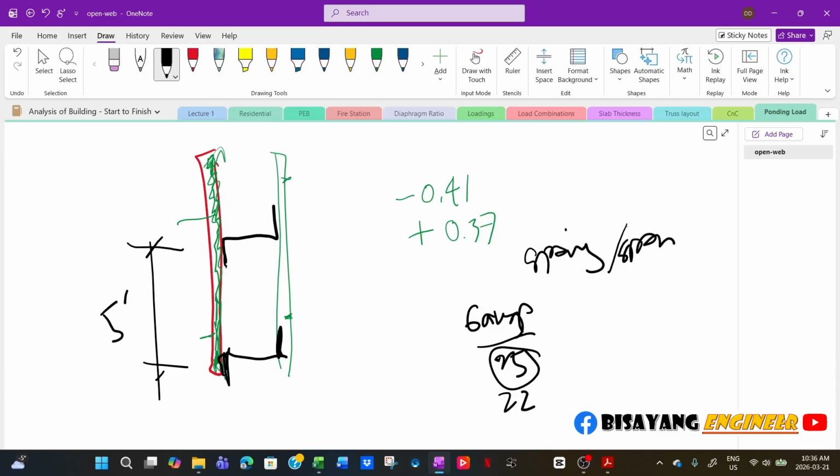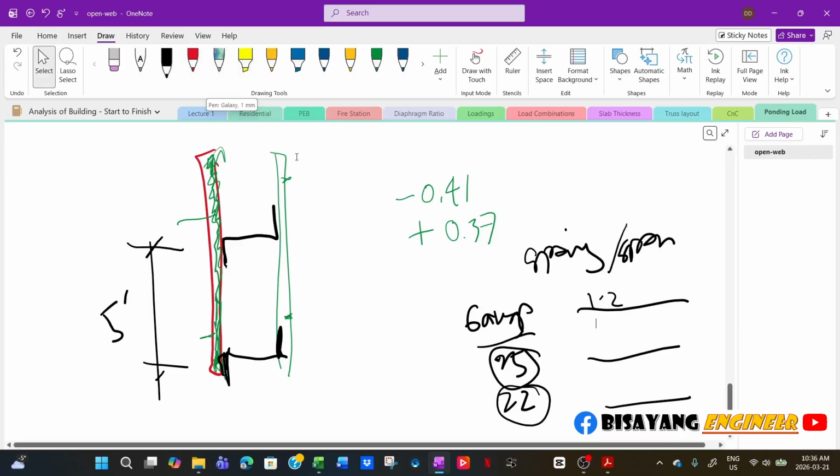If the wind load is bigger or larger than what we have here, then we would probably need gauge 22. And then there is this value here, say 1.2 or whatever, which is the available capacity.